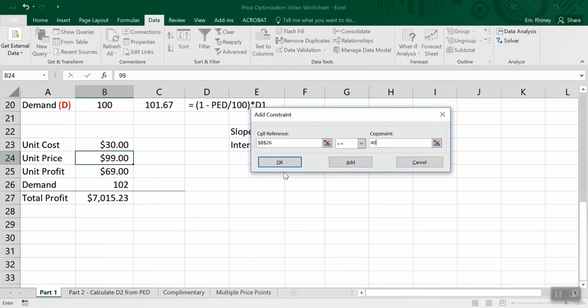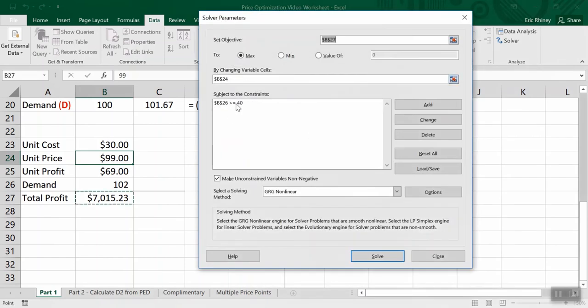We have to sell at least 40 units for whatever reason. We hit OK, and we can see that's in there now. Okay. In many cases with demand, it's usually the most, so you have to sell less than, because maybe you have capacity issues and you just can't go over that amount.